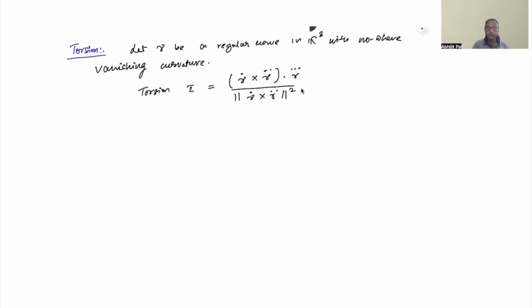Before showing that torsion of a curve is 0 if and only if that curve lies in a plane, let us compute the torsion of a curve in R3 using this formula.